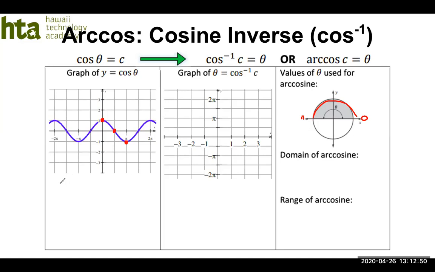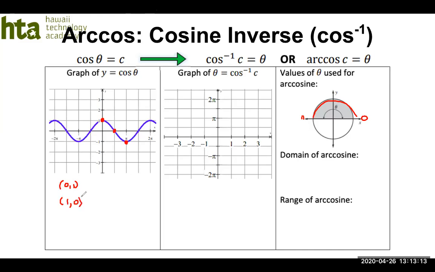So for cosine, we're going to use the point 0, 1. We're going to use the point pi over 2, 0, and the point pi, -1.